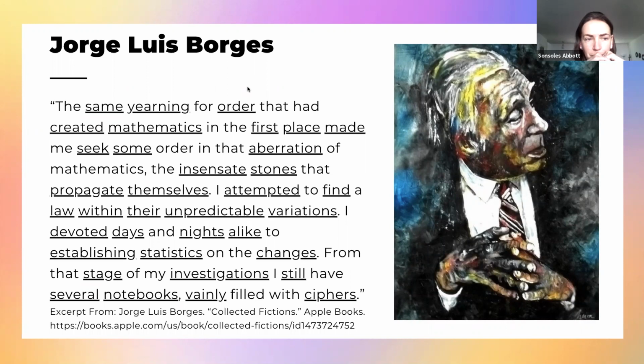Order. That had created mathematics. Created, how many? I see 3. I hear 3. 3, exactly. And where can I find those 3? Created. Good. Created. That A is going to be by itself. When I'm looking at it, it looks like a diphthong.